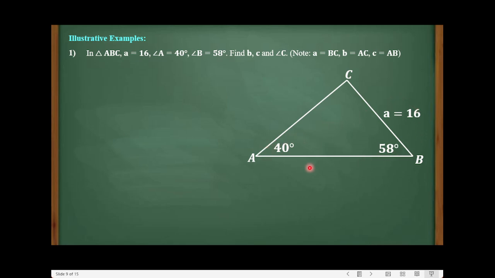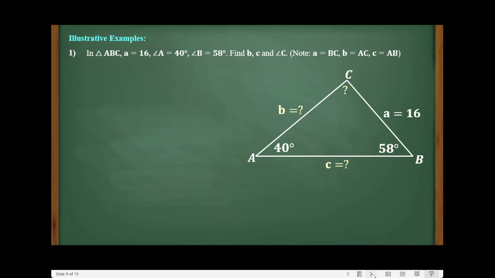Now, these are the three given parts. So obviously, the other three parts are the unknown. And those parts, we need to find their measure. So basically, we're going to solve this oblique triangle. Okay? So this side right here has an unknown length. So we need to find out the length of side small letter B together with the length of side small letter C and its opposite angle C. We don't know its measure at this point, so that is also a question mark.